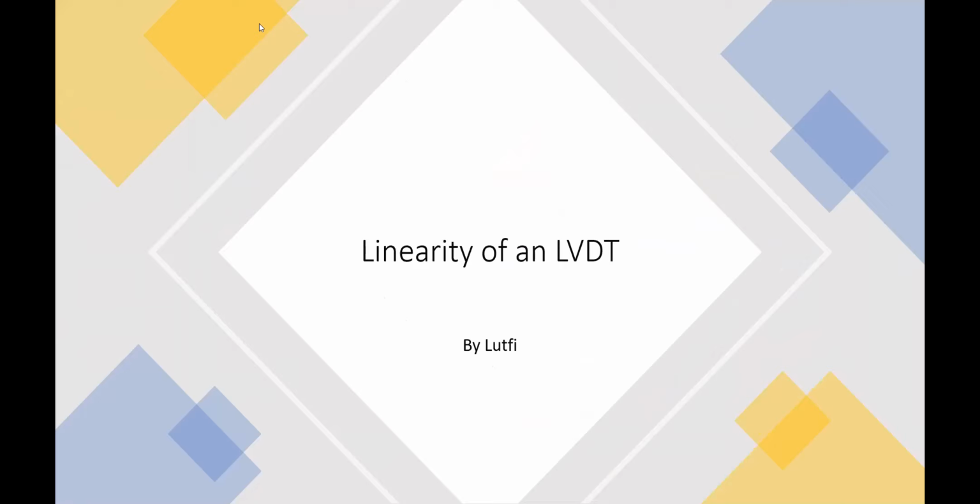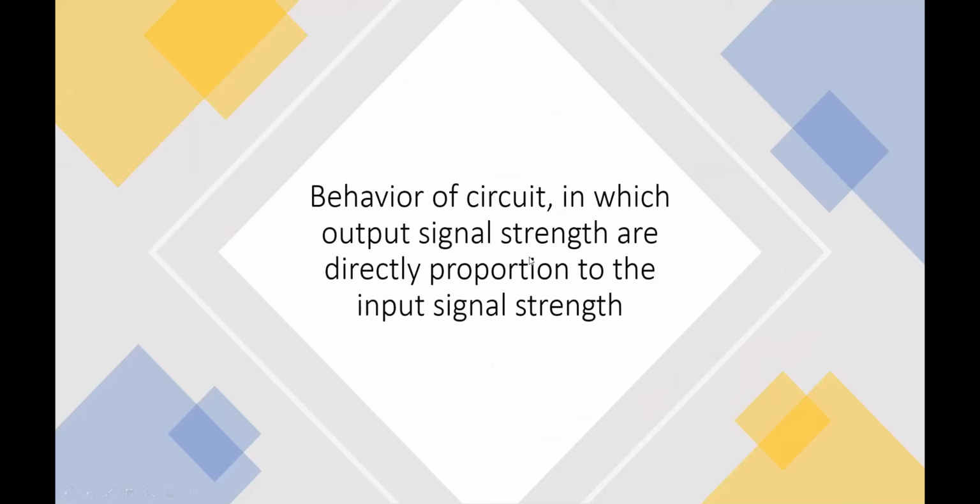Okay, so I'm going to explain about the linearity of the LVDT. Before that, you need to understand what linearity means, which is a behavior of a circuit in which the output signal strength is directly proportional to the input signal strength.